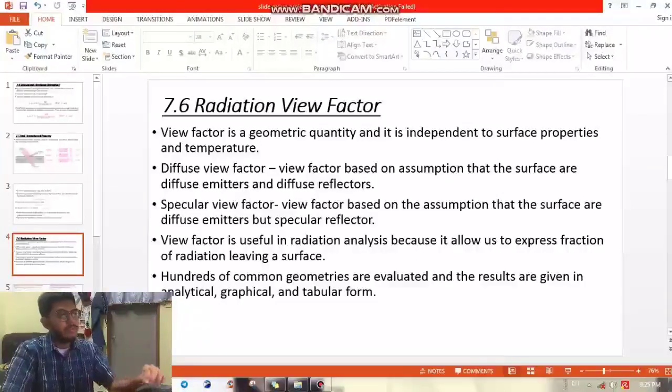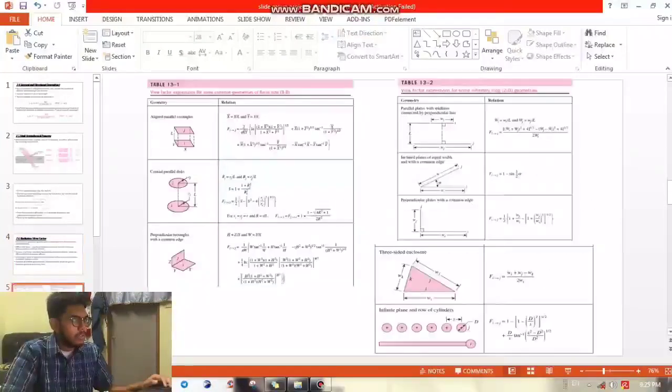Hundreds of common geometries are evaluated and the results are given in analytical, graphical and tabular form. Okay, these are examples of view factor expressions for some common geometries of finite size. So these three, okay.